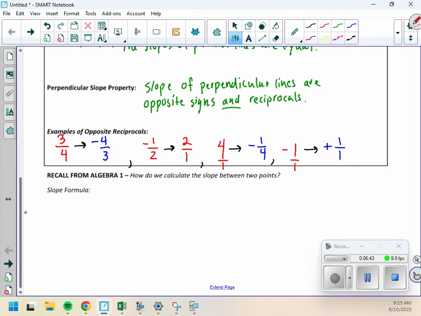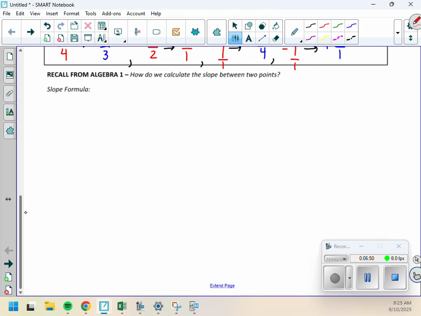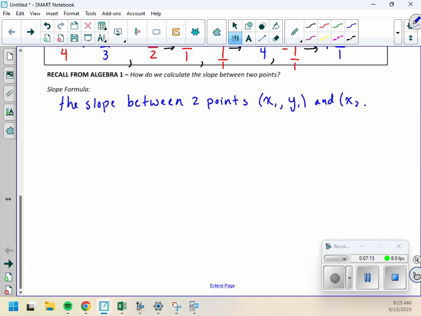The slope between 2 points x1, y1, and x2, y2 is calculated using m equals y2 minus y1 over x2 minus x1.